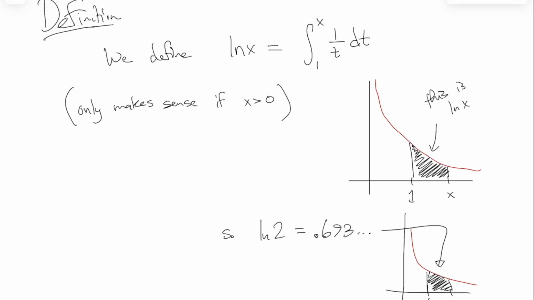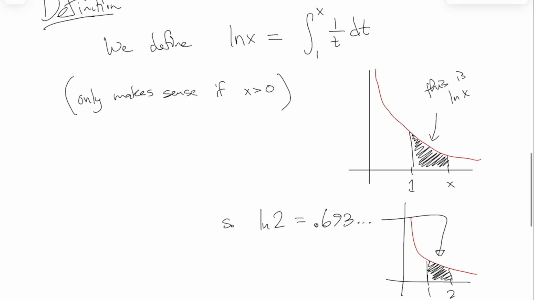And that number, if you really wanted to calculate that number, you could do it using something like Simpson's rule, if you've heard of that, or you could estimate the area under the curve by one of the other methods for adding up rectangles, Riemann sums, that kind of thing. So using this as a definition, you could, in theory, calculate what the natural log of 2 is by hand. You could approximate it at least.